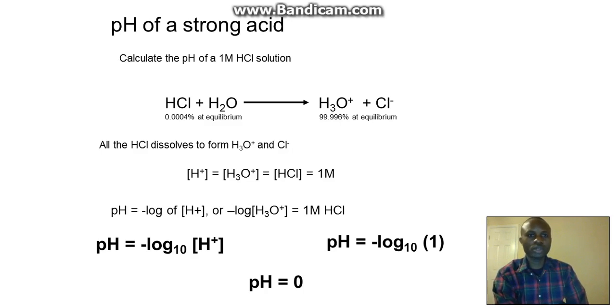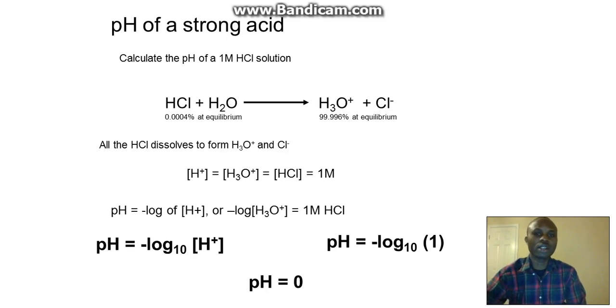One thing we need to remember about strong acids like hydrochloric acid is that when you dissolve them in water, they dissociate completely. So we don't have any HCl remaining behind.